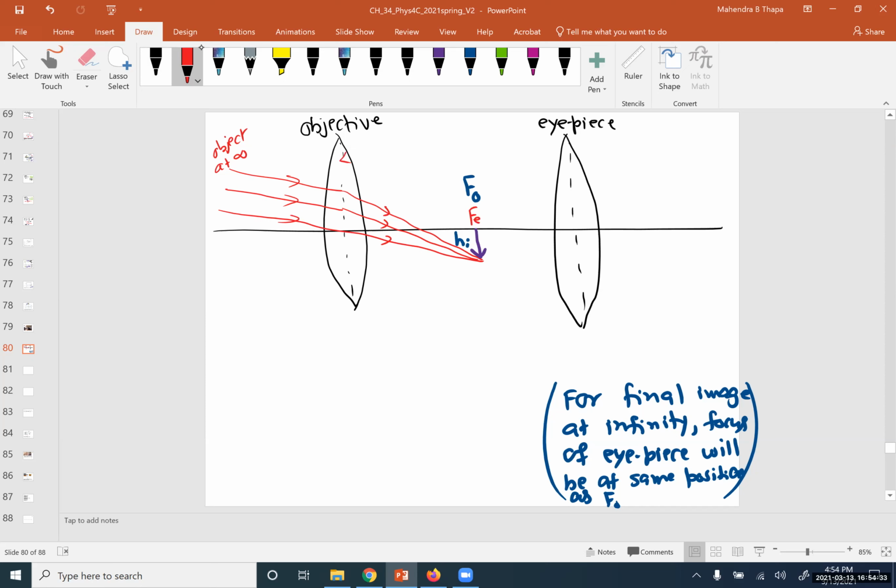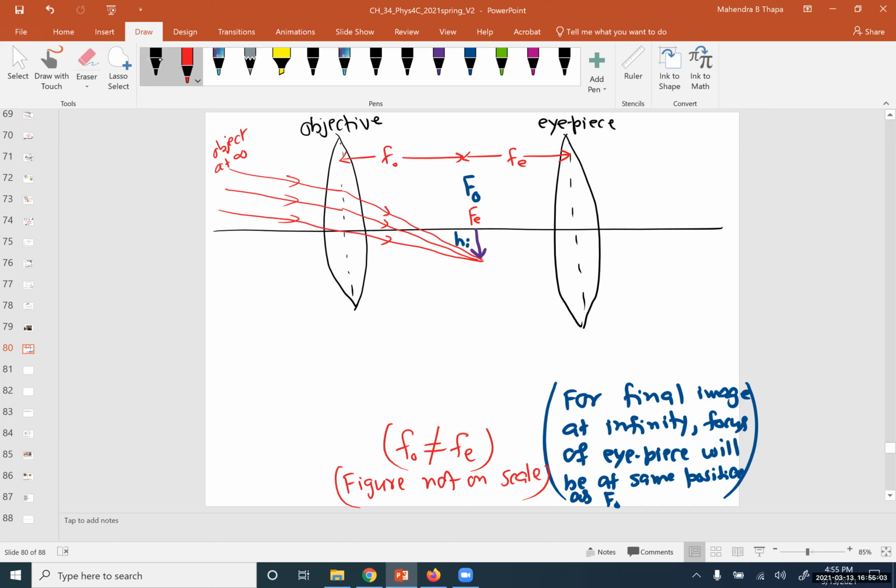So this distance is f naught. This distance is fe. Be careful that they are not the same. It looks the same here, but f naught is not equal to fe. The figure is not on a scale. That's the reason.